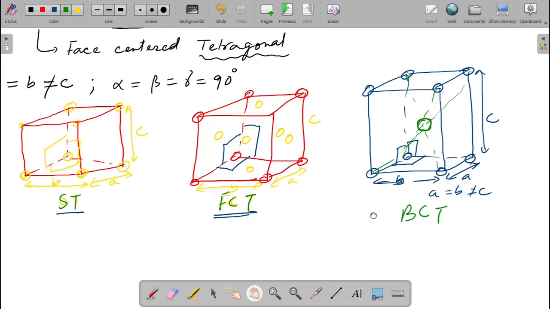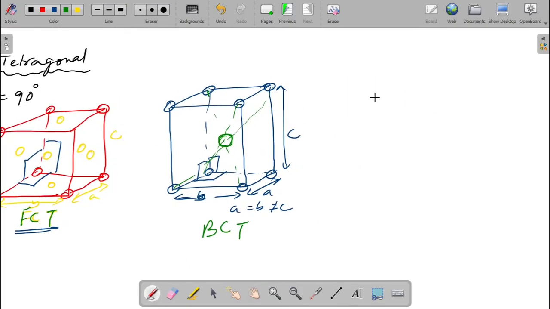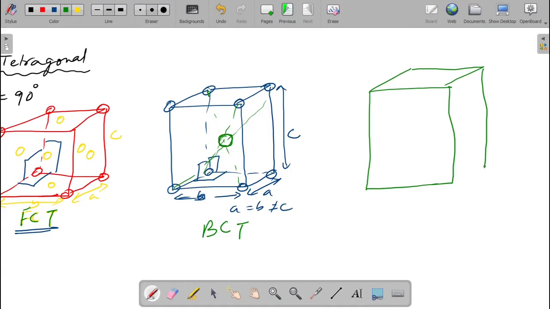There could be another one. I am going far beyond the question asked. If you are answering this in an exam, you don't have to discuss all of this, but you can limit your discussion to these two. We'll come to that.